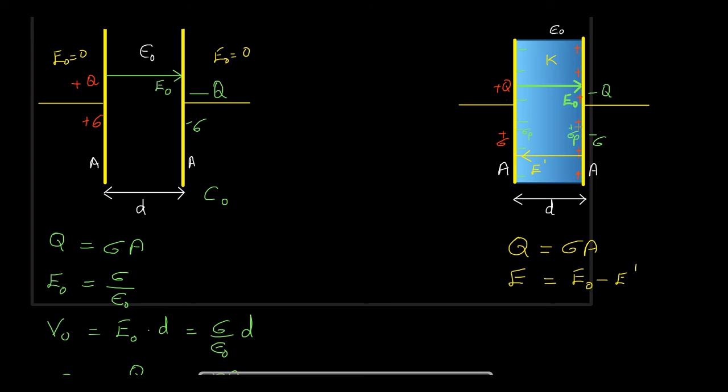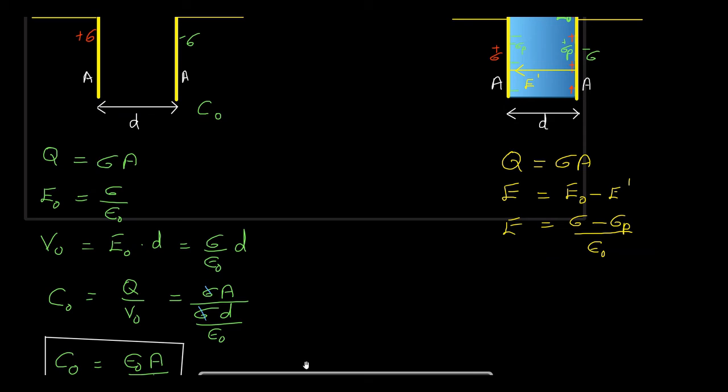Or if sigma P is the surface charge density of the charges produced due to the polarization effect, we can write E equal to sigma minus sigma P divided by epsilon naught.